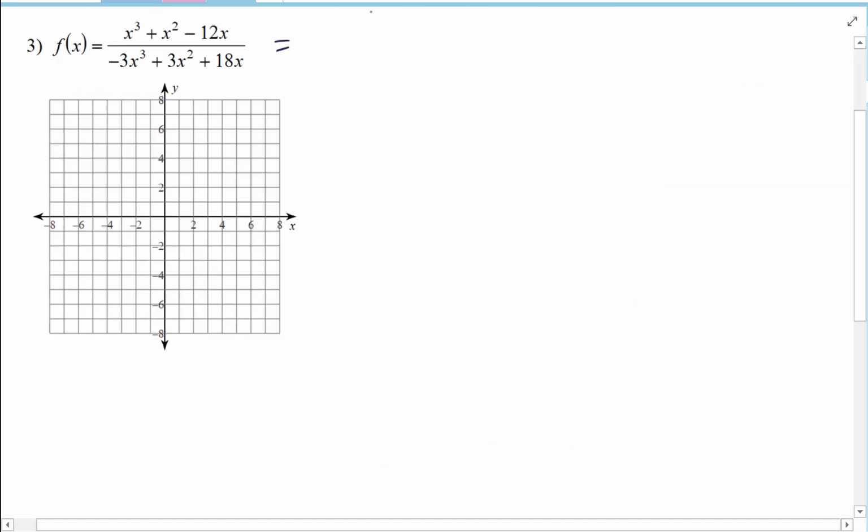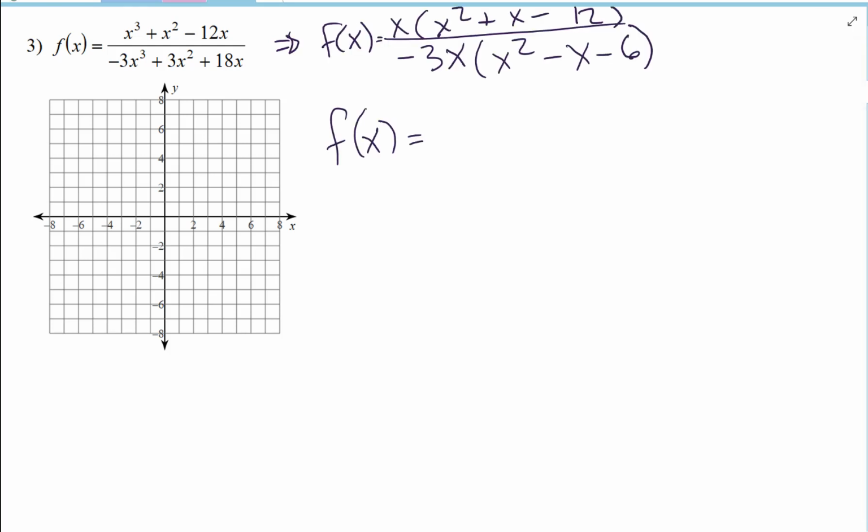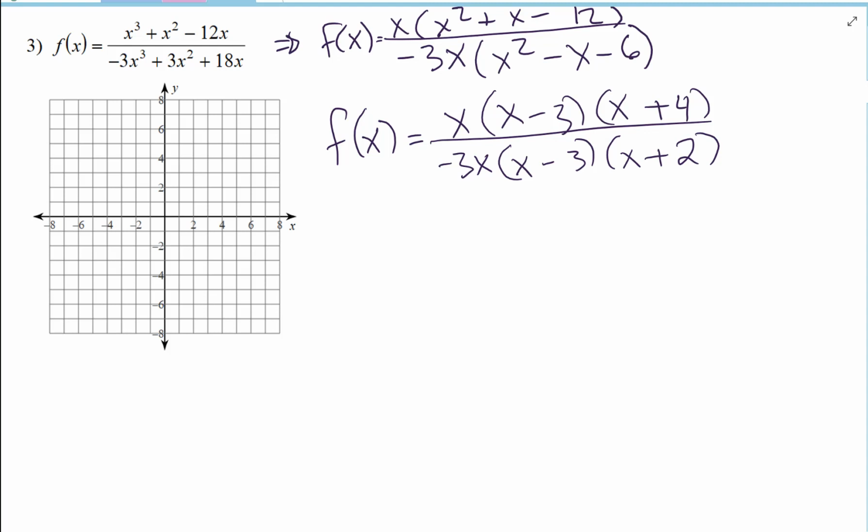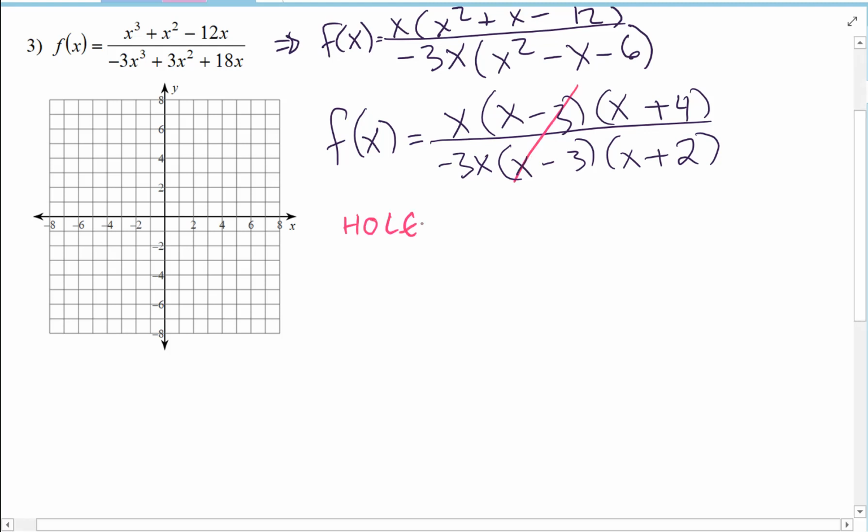Let's factor this one. We can factor this to be (x-3)(x+4) over (x-3)(x+2), and this reduces, which gives us a hole at x equals whatever makes this equal to 0, so x equals 3.